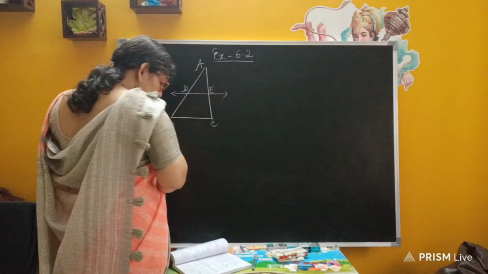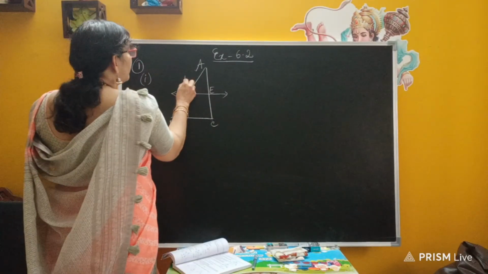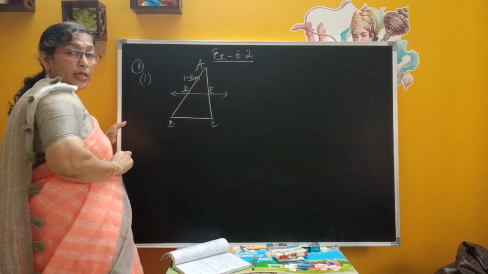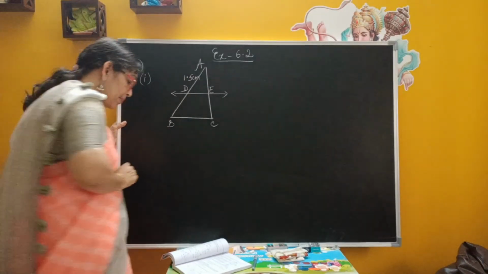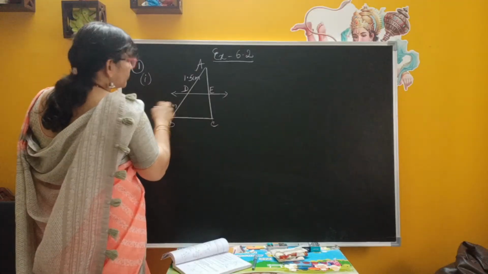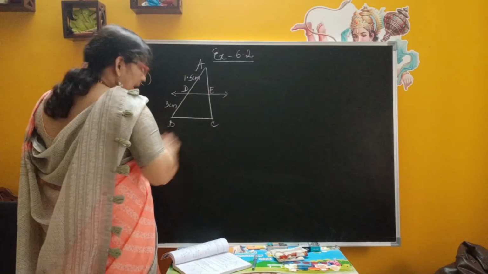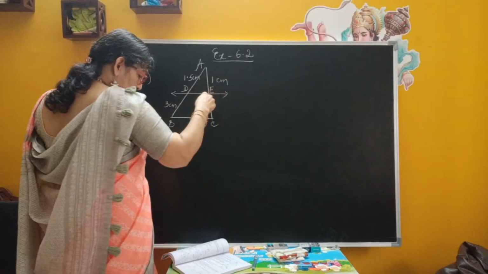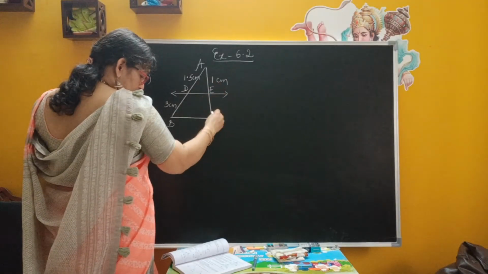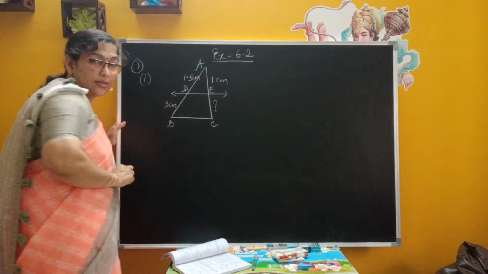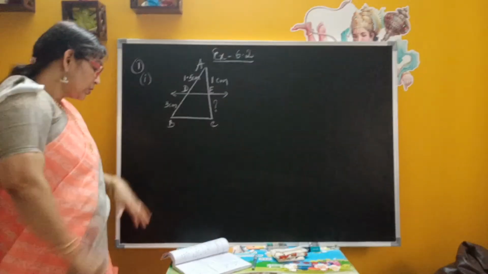And some measurements are given. The length of AD is 1.5 centimeter and the length of DB is 3 centimeter. Then AE is equal to 1 centimeter and EC is what we need to find. Find the length of EC. So this is the question.